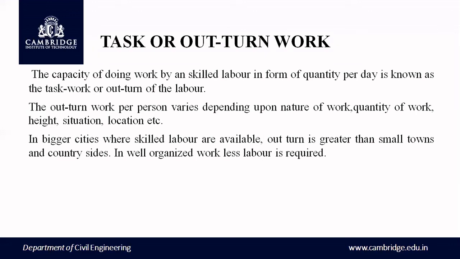The outturn work per person varies depending upon the nature of work, quantity of work, height or length, situation, location, etc. In bigger cities where skilled laborers are available, outturn is greater than in smaller towns and countrysides.